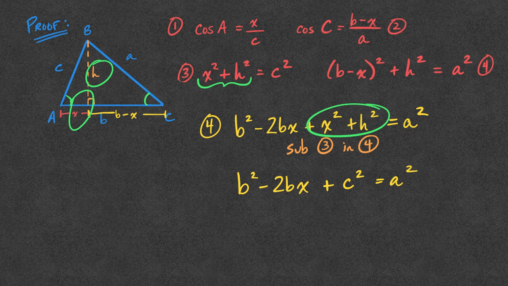And by me being able to replace x squared plus h squared with a c squared, I eliminated two parts that were never a part of my original triangle, and I was able to replace them with something that was side C. Okay, that was really useful for me. Okay, I'm going to get rid of all those green circles.